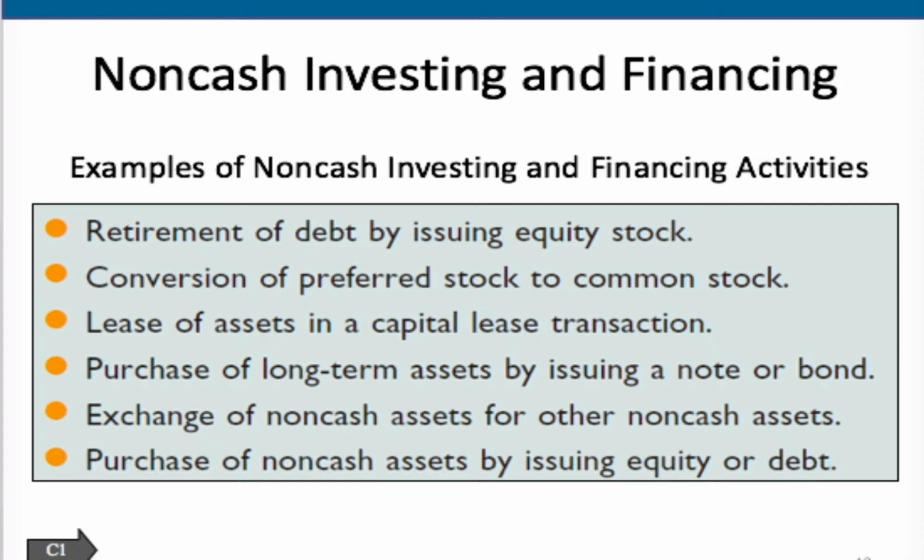So, because of that, it would not be reported in any of the three sections on the statement of cash flows. Such transactions are reported at the bottom of the statement of cash flows or in a note to the statement because of their importance and the concept of full disclosure. This slide lists transactions commonly disclosed as non-cash investing and financing activities.